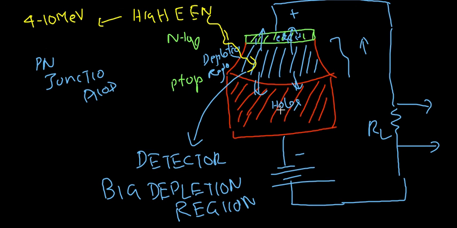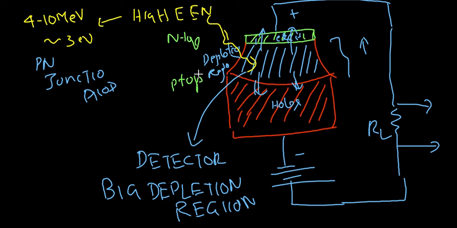But for an electron to jump from the valence band to the conduction band, the typical energy required is around 3 electron volts. So the incoming radiation energy is about 1000 times larger.